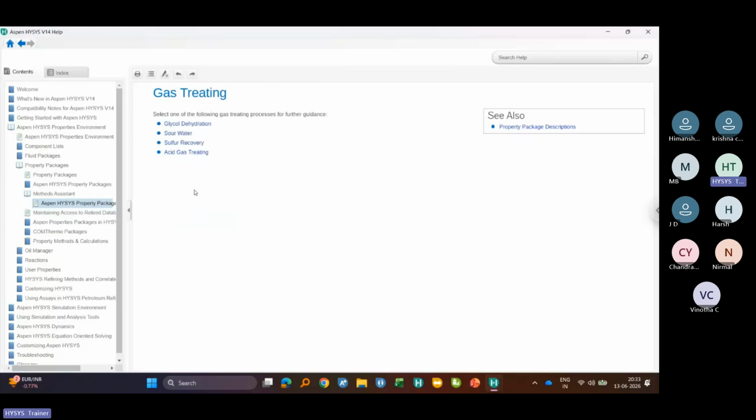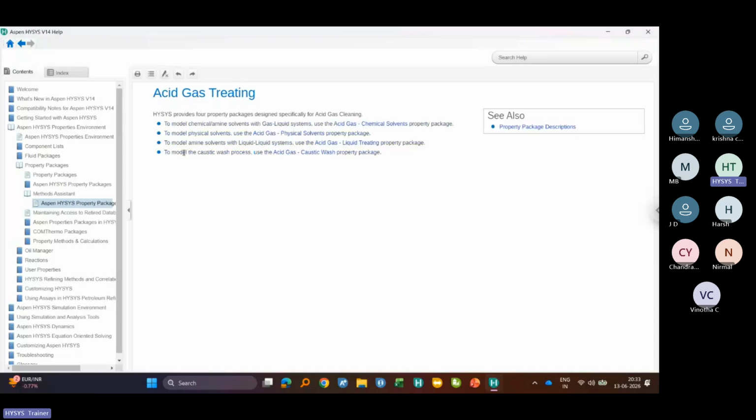It will give me the further classification of gas treating processes, like whether my process is glycol dehydration, sour water, sulfur recovery, or acid gas treating process. Our process is the acid gas treating process. You can see that it will give you the direct fluid package for that particular process.